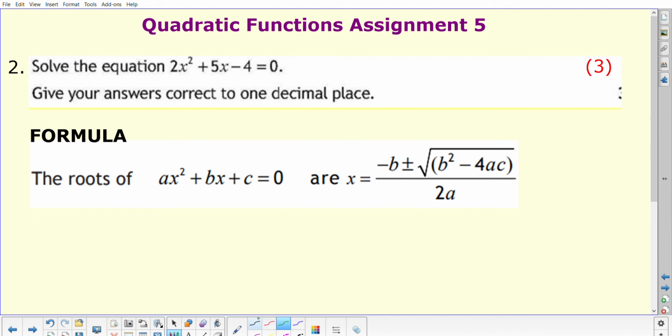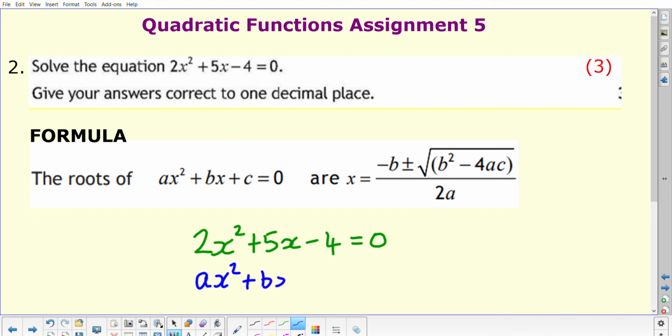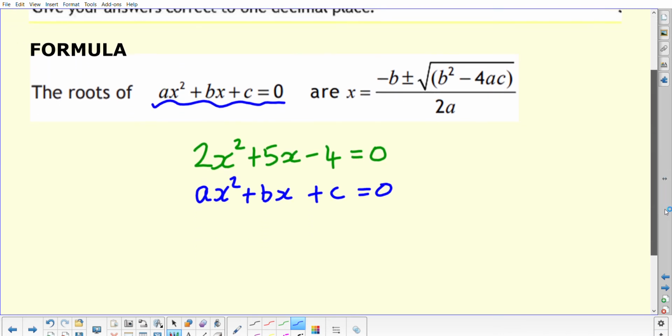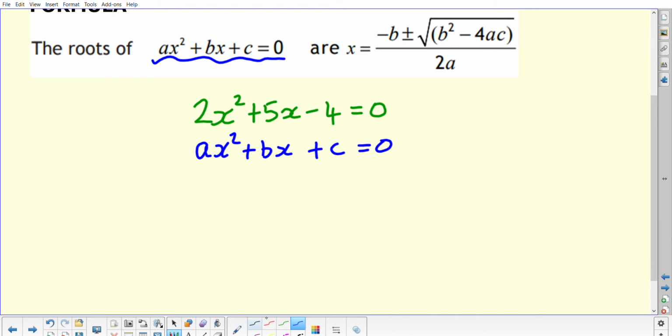So using the formula means that you're comparing your 2x squared plus 5x minus 4 equals 0 with ax squared plus bx plus c equals 0, which is this expression here that appears on the formula sheet. So then it is about identifying your a, b and your c.